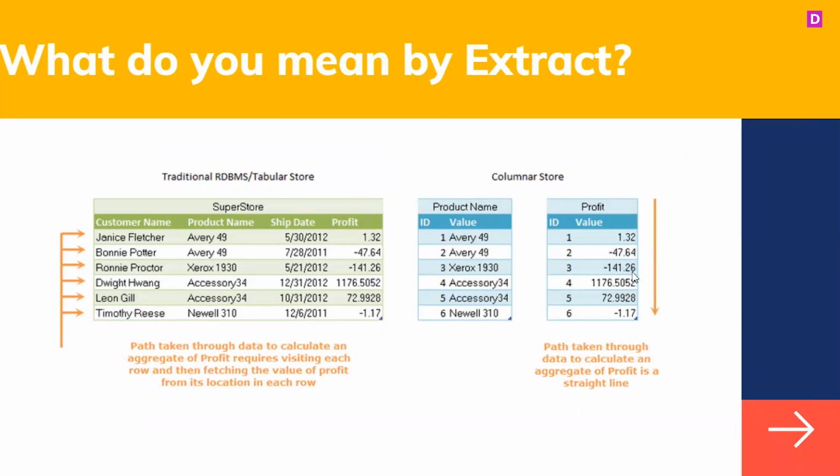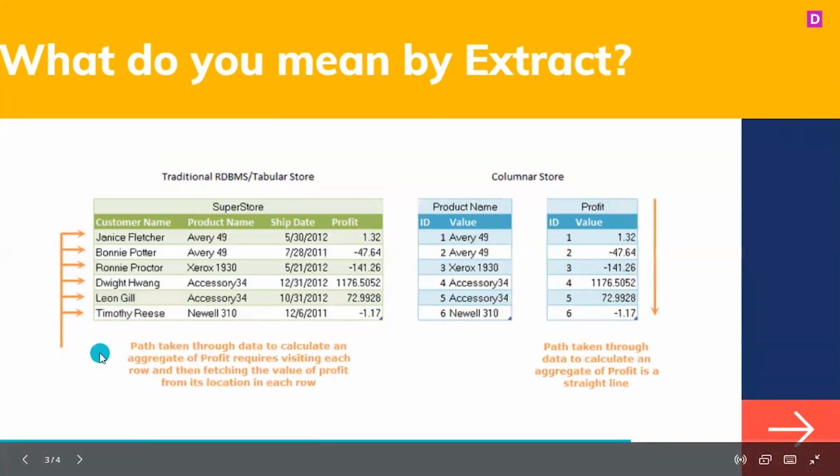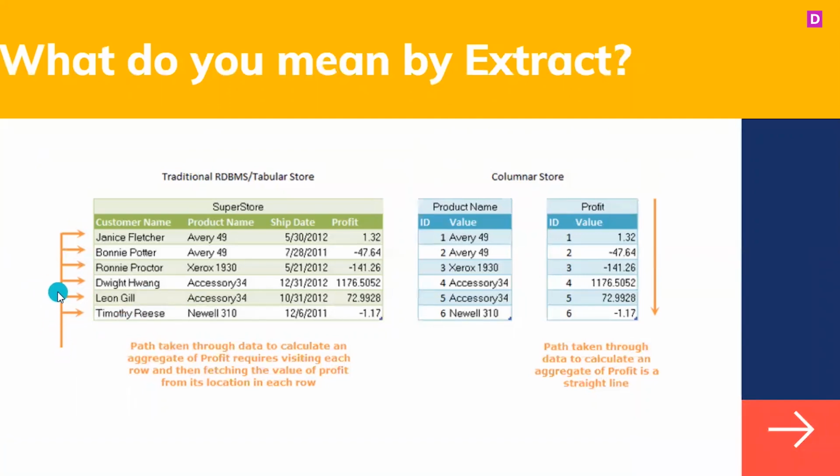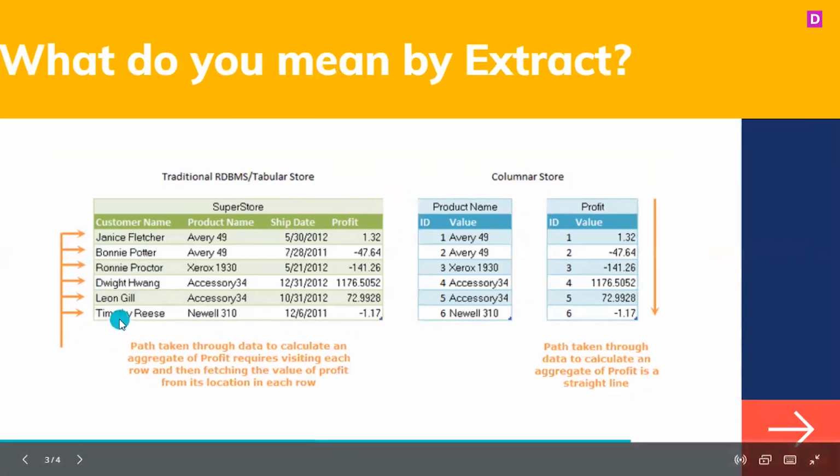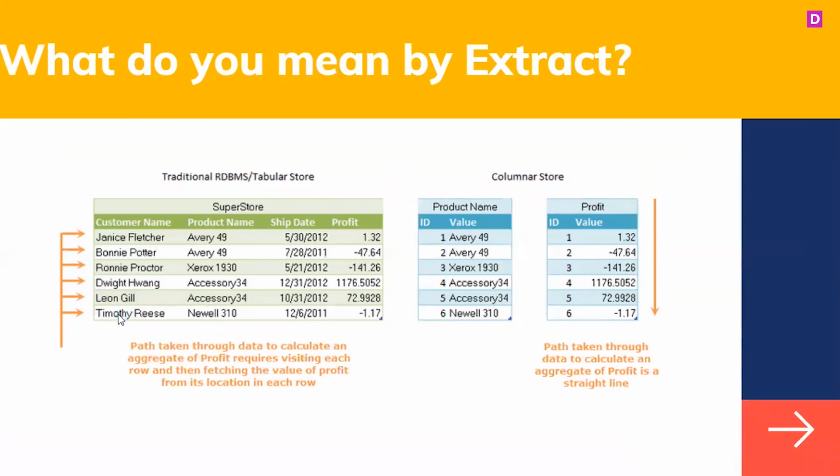See, if you want to do aggregation of profit, you need to visit each row and then fetch the value of profit from its location in each row. Suppose you take a columnar store: it will store the column values together rather than the row values.